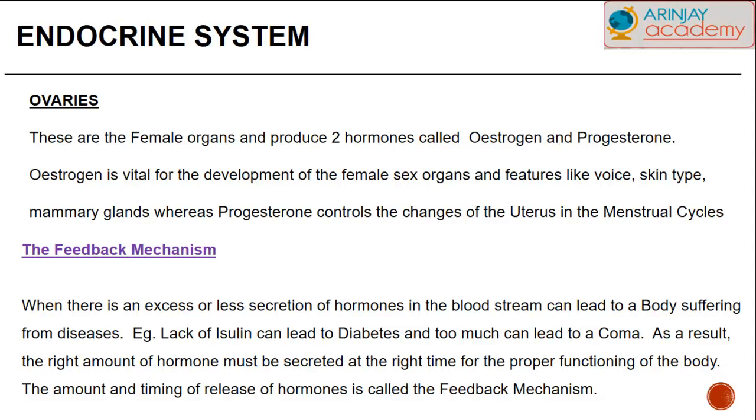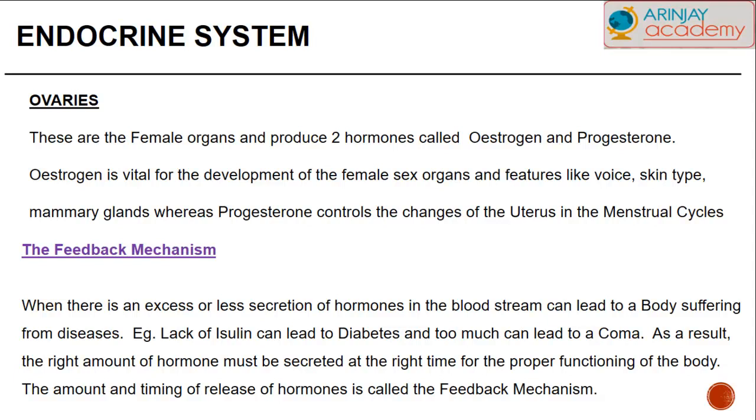Now we've had a look at what the endocrine system is, what it's made up of, and the kind of hormones secreted. What we call the feedback mechanism relates to the amount and timing of release of hormones within one's body. When there is an excess or less secretion of hormones in the bloodstream, this can lead to the body suffering from diseases.